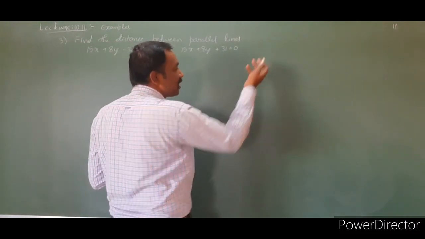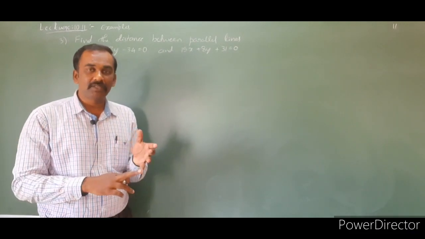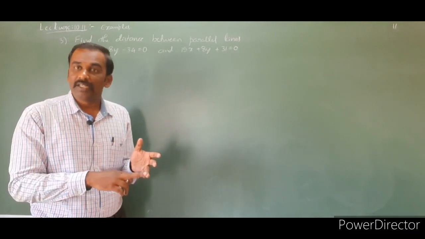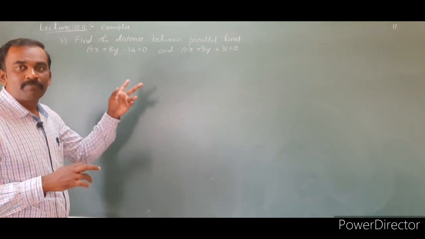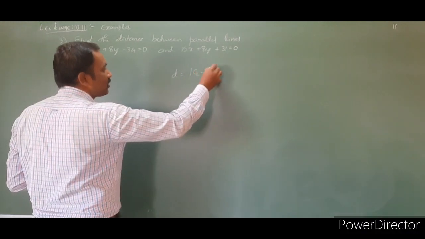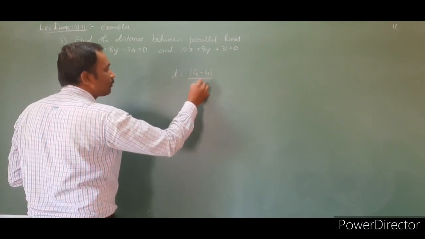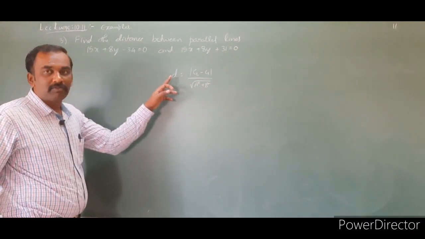Parallel lines means there are particularly two conditions: whenever the lines are given in slope intercept form, and whenever lines are given in general equation form. Here, are the lines in general form or slope intercept form? General form. In that case the formula is mod of C2 minus C1 divided by root of a square plus b square. Have you got my point?